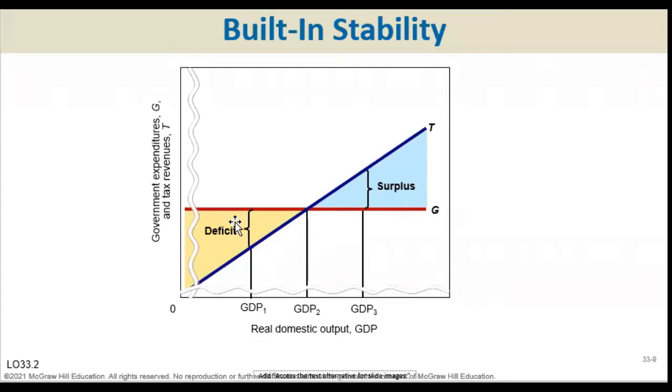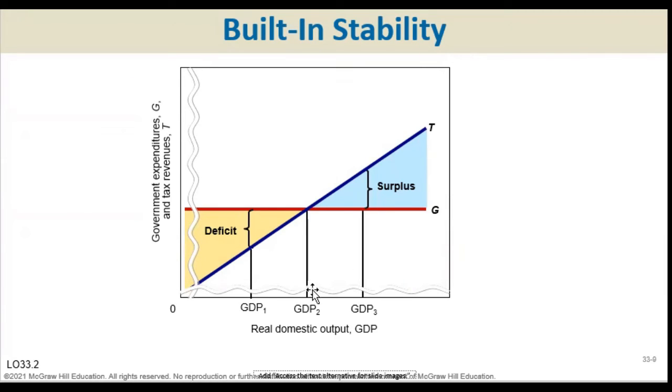Right, so here as GDP falls into recession, a deficit will happen. And this is automatic. There's nothing that needs to be done. It's an automatic process. As GDP falls, you see that we collect less tax revenue compared to government spending, so that will generate a deficit.